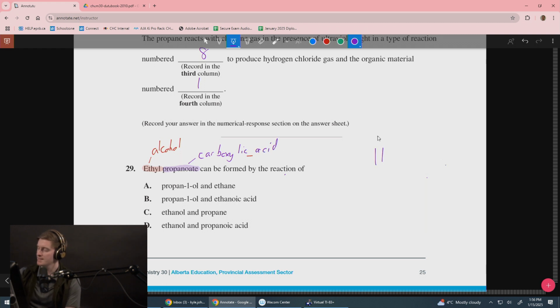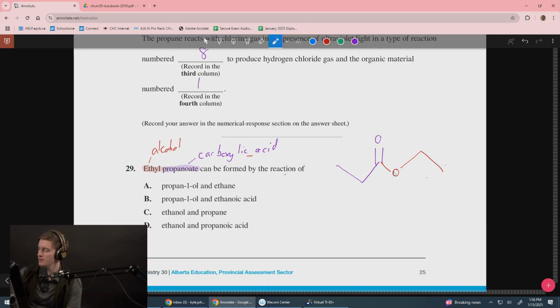Which means that the acid end of this molecule came from something that had 3 carbons. This is the acid end of the molecule. It's attached to the carbon that has the double bond, 1, 2, 3. And our alcohol end of our ester has 2 carbons, 1, 2.